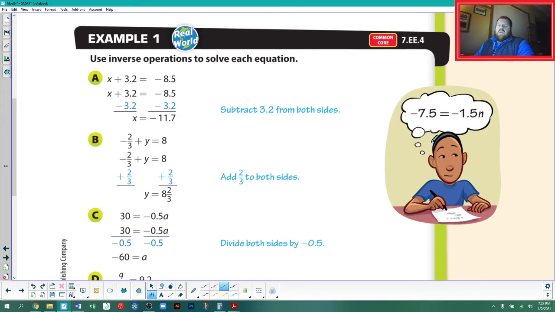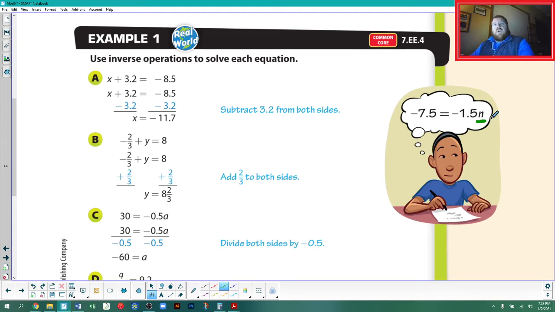Like in this one over here, I don't think it's a problem that we actually have, so just using that as sort of a guiding example. What's happening to my variable? My variable's right here. And then what's happening to it? It's being multiplied, even though it doesn't say multiplication there. That's what happens when we write numbers right next to variables. It's being multiplied by negative 1.5. So how do I undo multiplying?